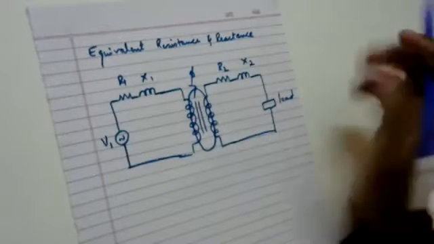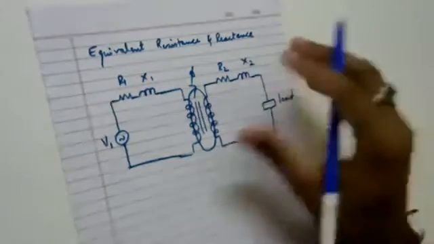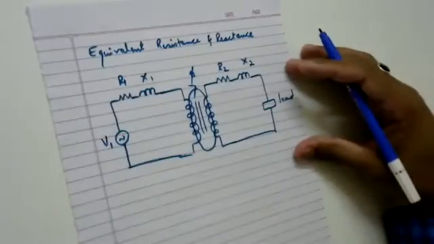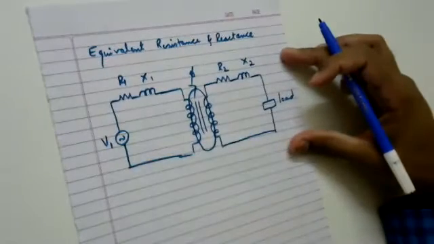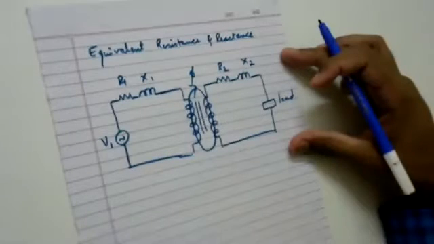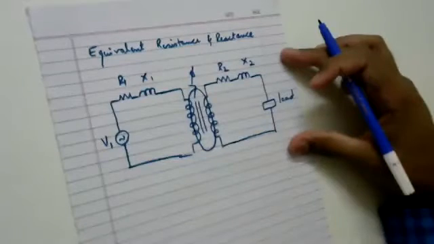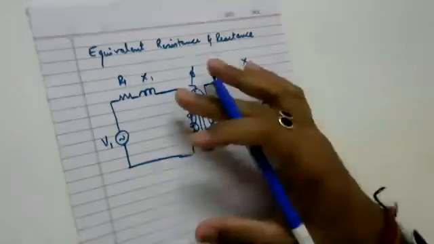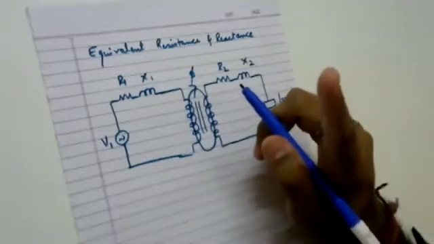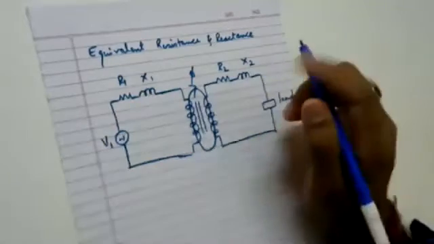Now, when I want to analyze this complete component as a transformer, I need to make certain changes, such that I can converge it into one circuit. I hope my statement is clear to you now.